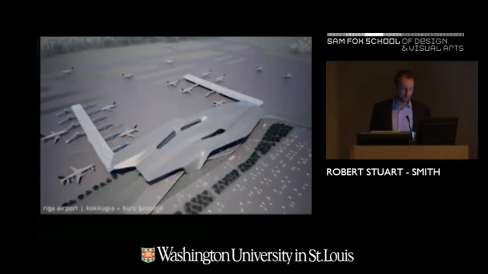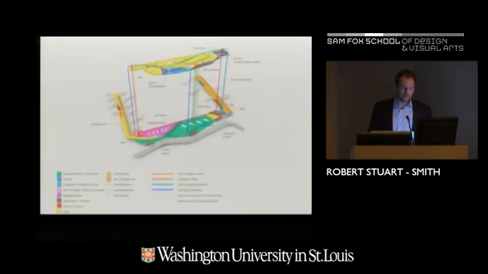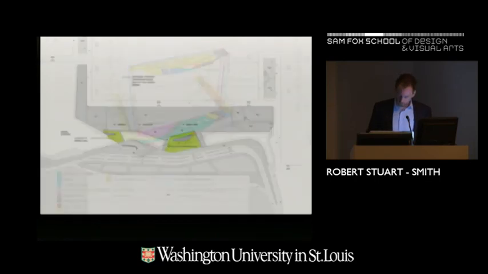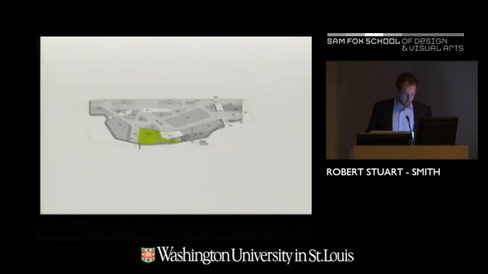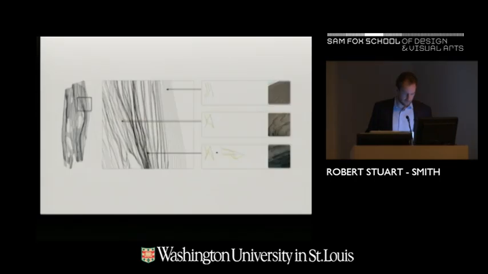There are voids as well to get light down to the arrivals level, and you have this very transparent facade where you have baggage reclaim and check-in, and then you ascend up to the retail. And you can see the transparency there.